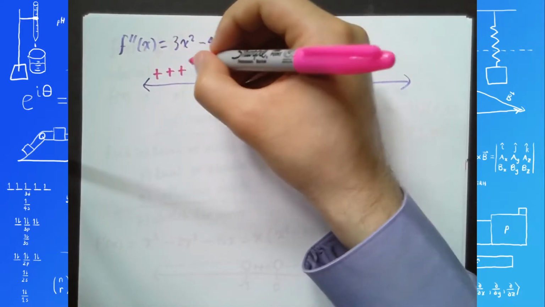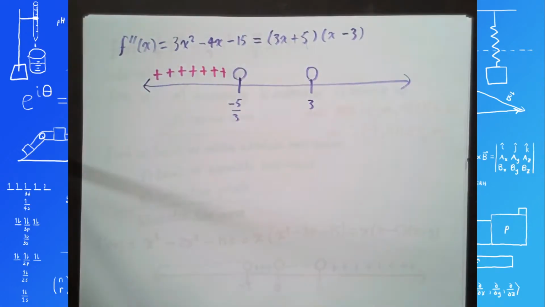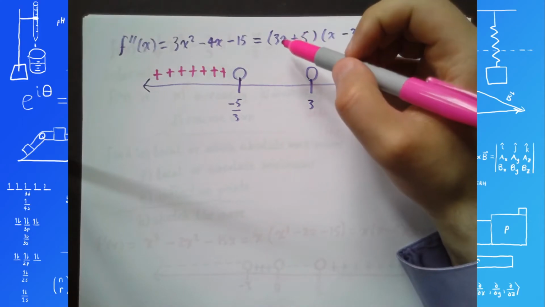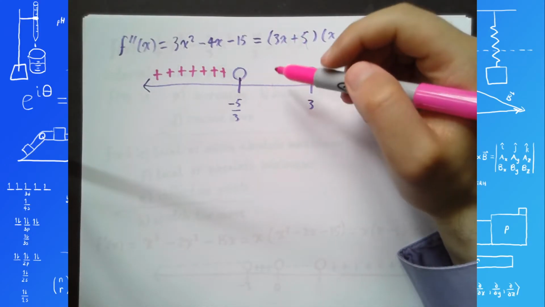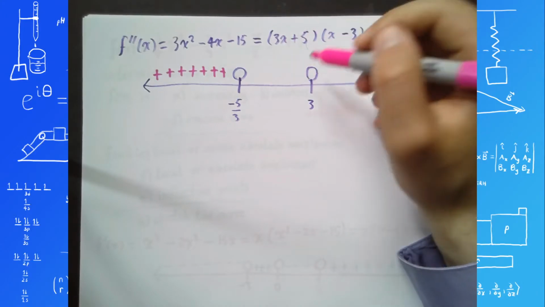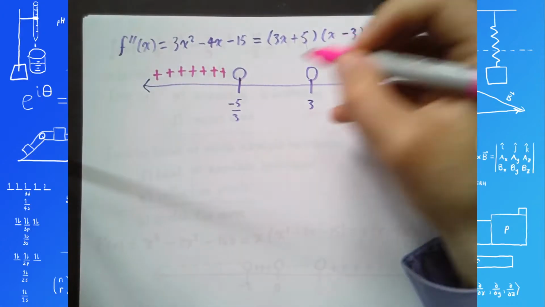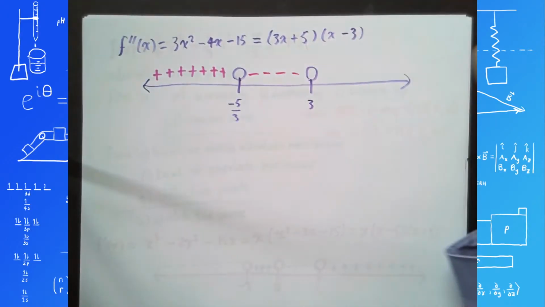If I plug in a number less than negative 5/3, I end up with positives. Okay, what about between negative 5/3 and 3? So let's pick 0. 0 is definitely between them. 3 times 0 plus 5 is positive. 0 minus 3 is negative. Positive times negative is negative.